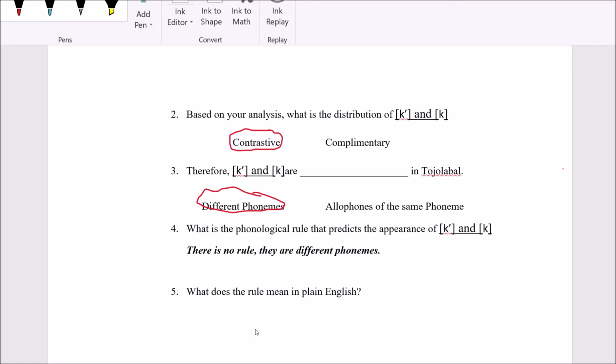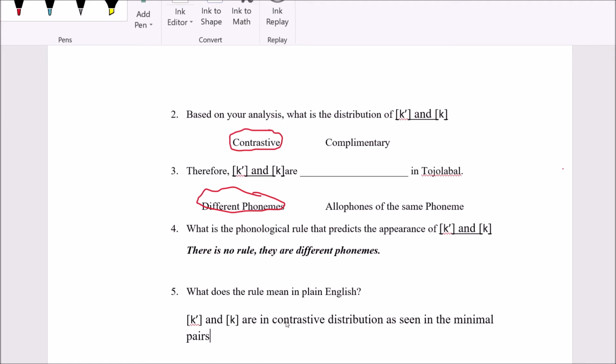And so, what does that mean? They are different phonemes. What exactly does that mean? You would need to say that to me again in plain English. You would explain how you know that they are different phonemes and what that means. So you can say that these two sounds are in contrastive distribution as seen in the minimal pairs. You don't need to write down which ones, but if you'd like to, you may.